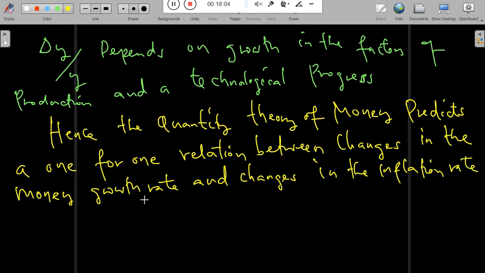So the quantity theory of money predicts a one-to-one relation between the change of money growth rate and the change in the inflation rate.